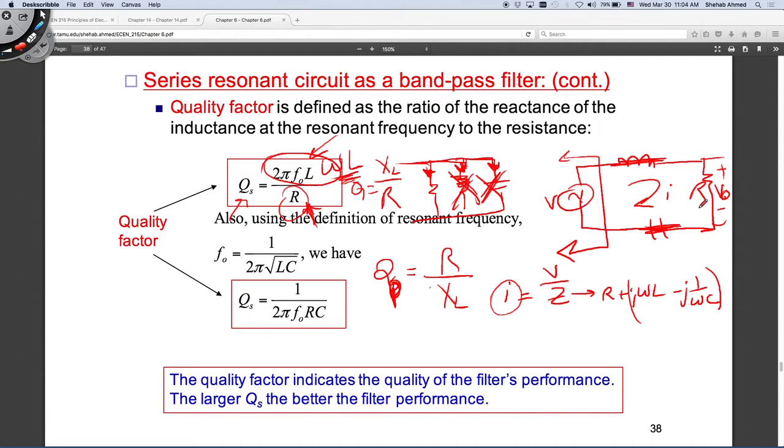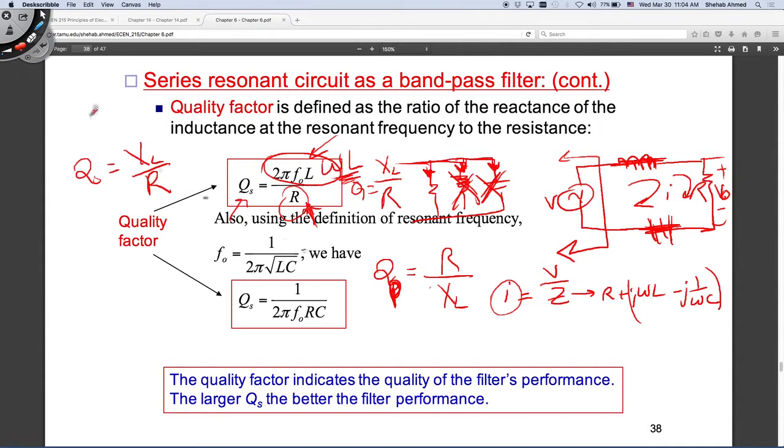So when they are in the circuit, I would like to make sure I measure quality by XL over R. If this is very large, at resonance it disappears, right? I'm left with only resistance. If I'm left with resistance only, then the output is the current multiplied by the resistance, and it's maximized in that case. I don't know if I'm making sense or not.